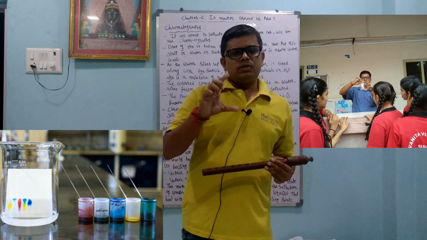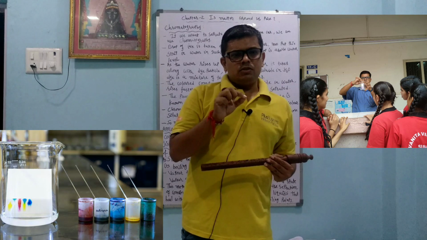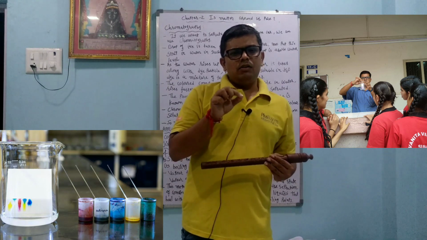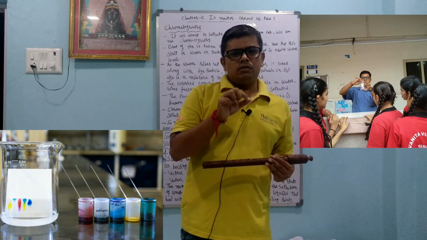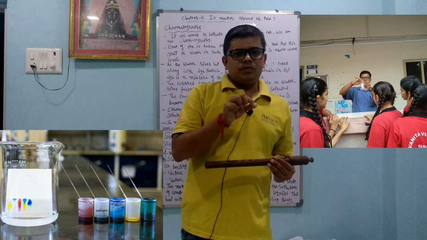In this technique we take one strip of filter paper. We draw one line at 1 cm from the end of the filter paper, and we put a drop of ink on it.